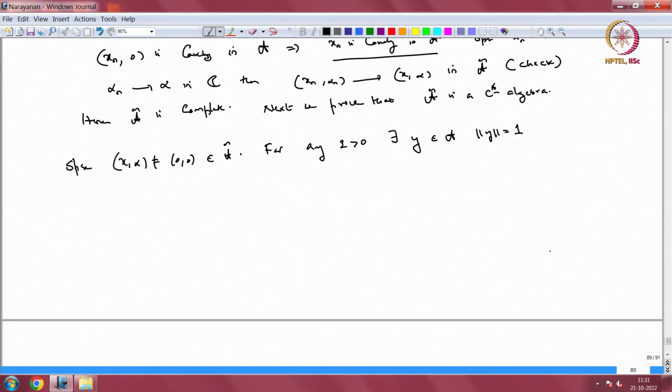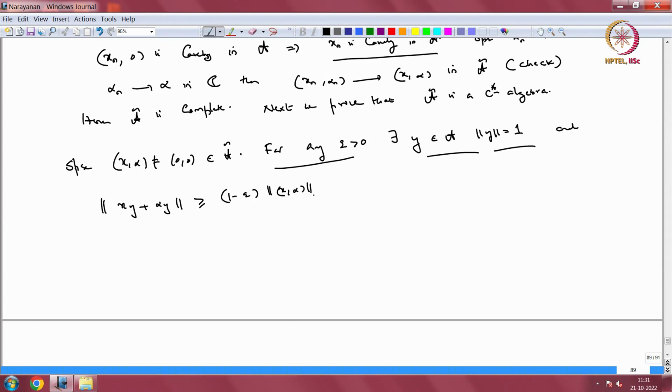For any epsilon positive, there exists y in A such that norm y equals 1, and because of the definition of the operator norm, the norm of x y plus alpha y, which is (x, alpha) acting on y, is greater than or equal to 1 minus epsilon times the norm of (x, alpha).